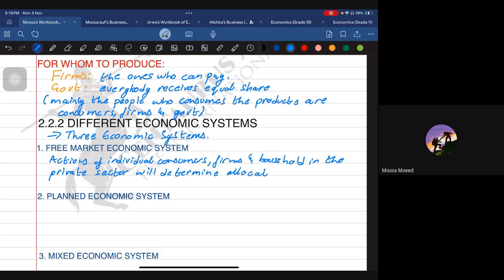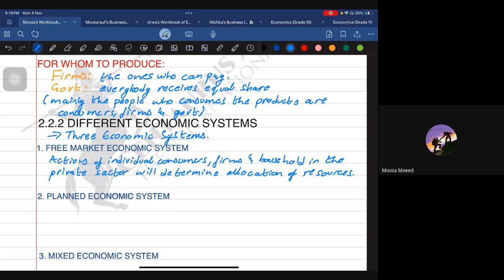It means firms and consumers are going to decide what to be produced in the country, how it is going to be produced, and for whom it is going to be produced. It means that there is no government intervention, this is a free market economy.